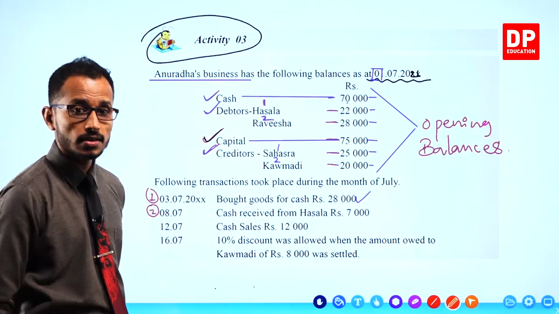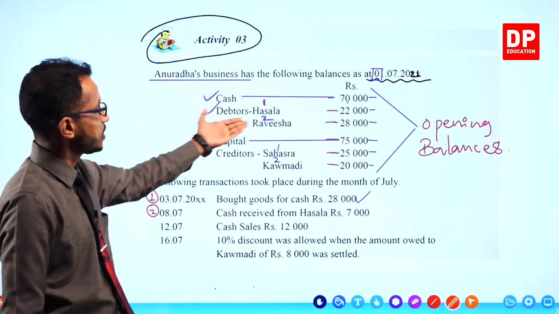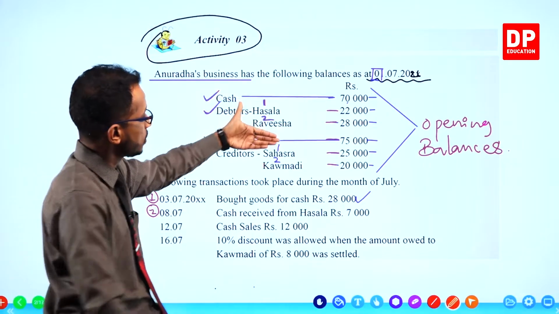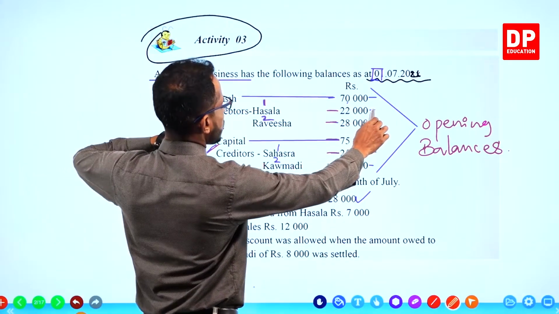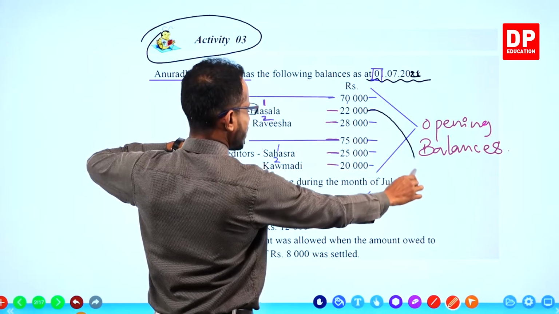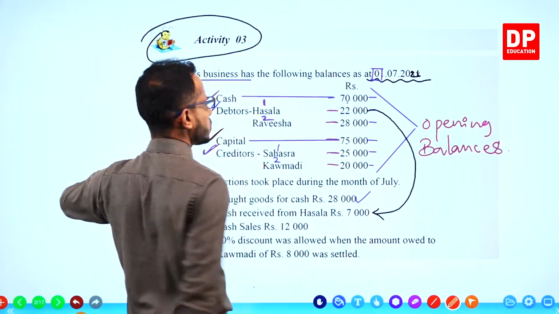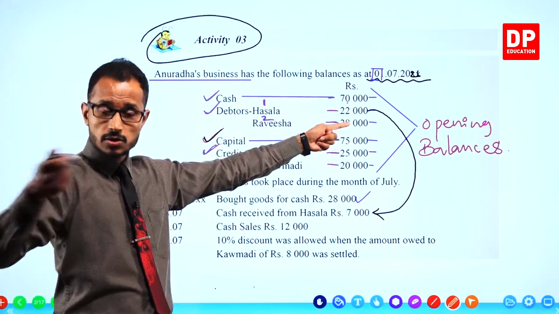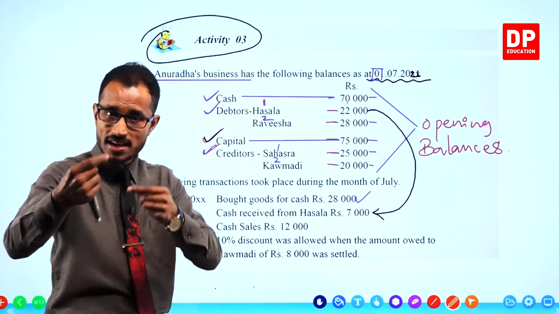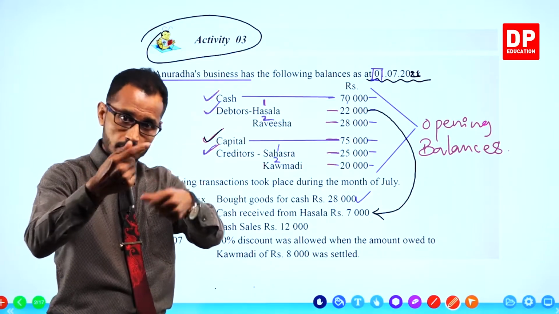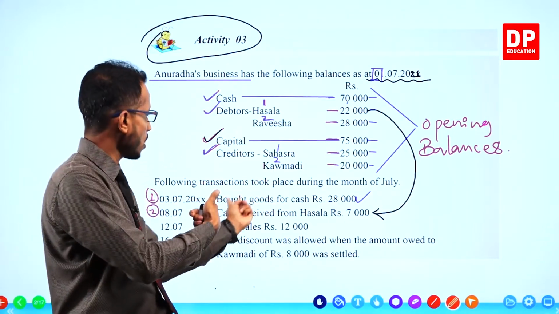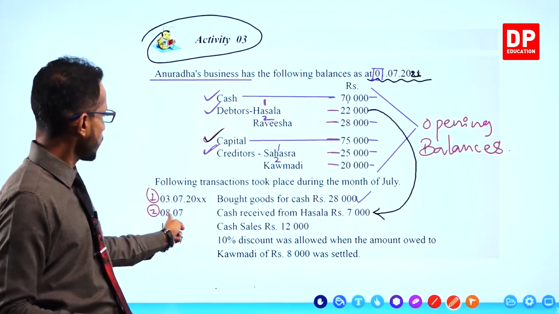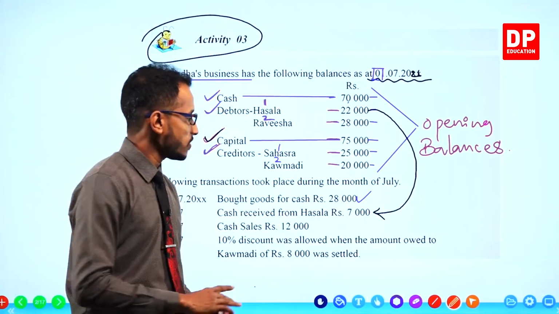Where is Hasala's account balance? It's here, Hasala. He has a balance of 22,000 and he is paying us 7,000 out of that. This guy who owes us 22,000 is paying us now. We are getting money from him. How much? 7,000. Okay. So cash received from Hasala, 7,000.